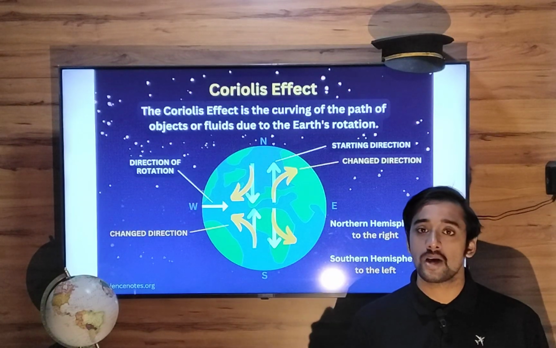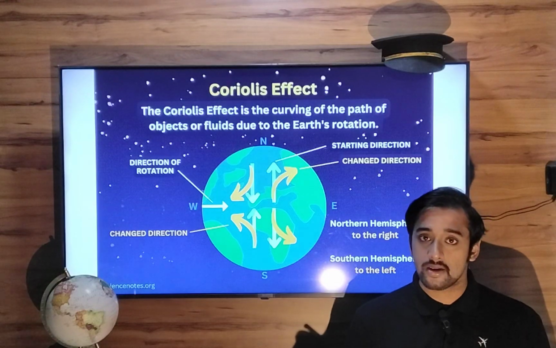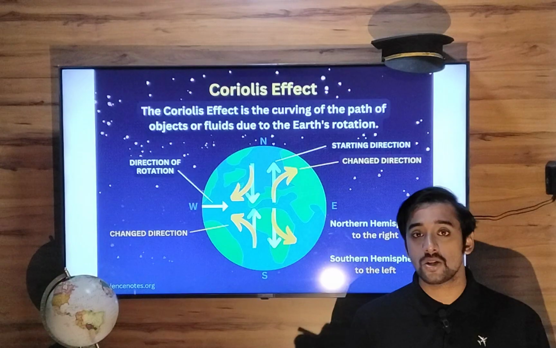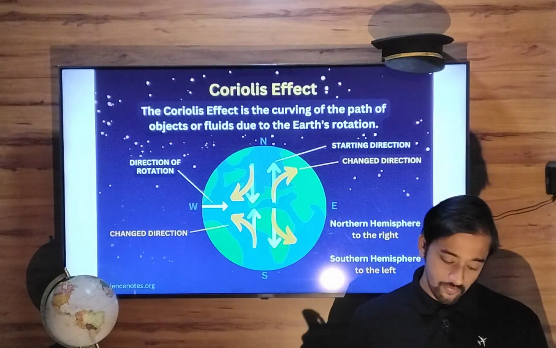This we call the Coriolis effect. The Coriolis effect is the curving of the path of objects and fluids due to the rotation of the earth around its own axis.